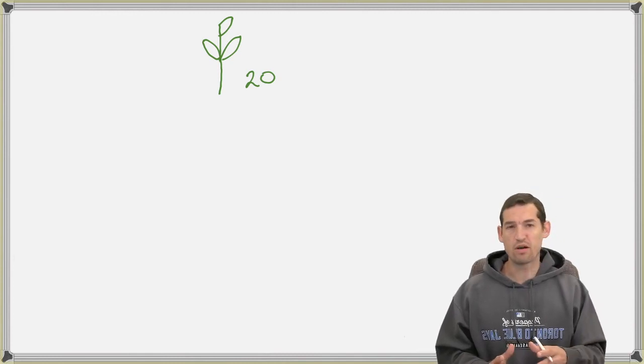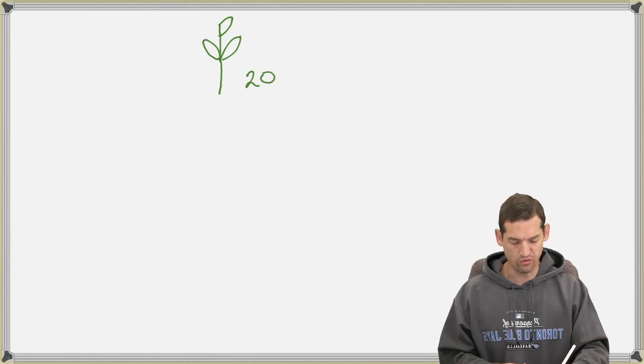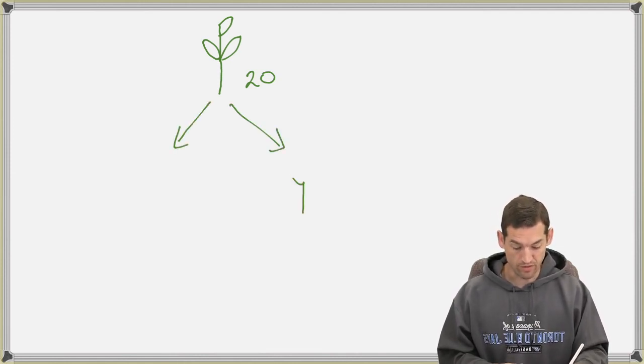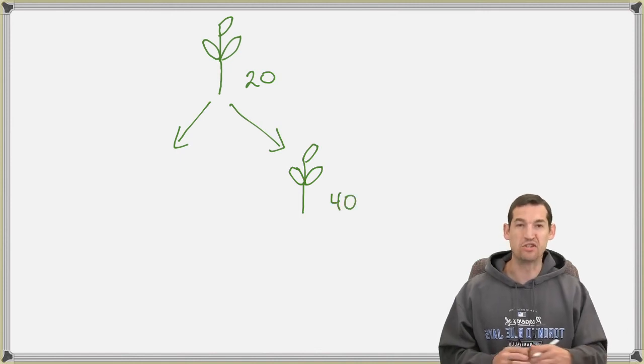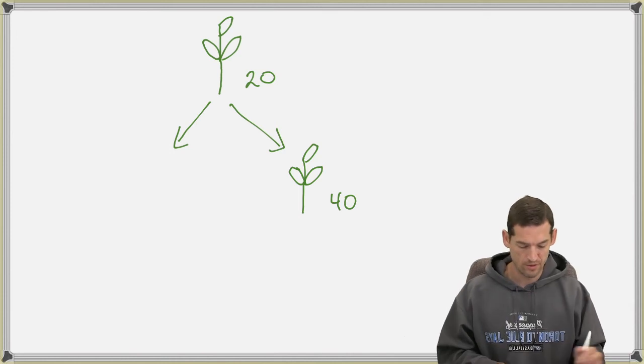Well, let's say somehow along the way a mutation happened, and one of the seeds that grew from this plant, for whatever reason, could be a copying error, it could be whatever, but for whatever reason this new plant has 40. It doubled the genetic material. It changed the number of chromosomes.